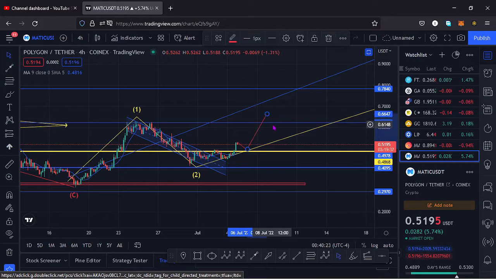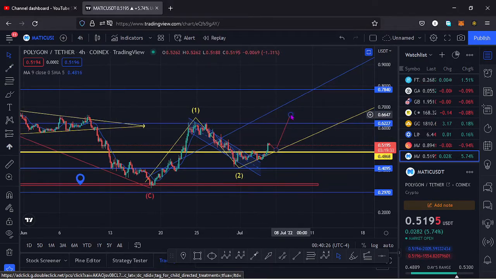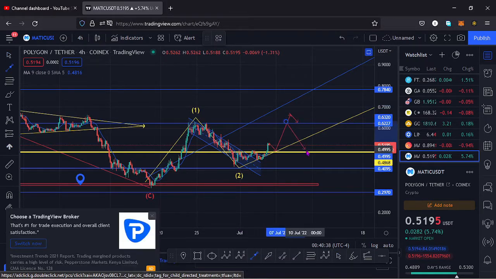Once we reach that area, which is also acting as a resistance, we might break above it and have a retest of that area, or we can just get rejected over here and have a pullback to the lower side. That's also possible, and once it happens, I'll expect us to find support at the $0.48 mark once more. So that's the first key scenario that can play out to the upper side.